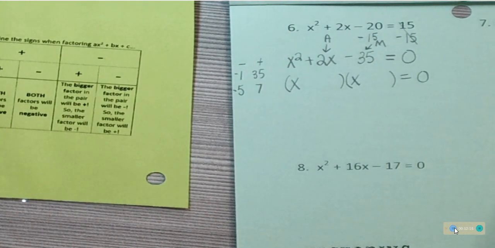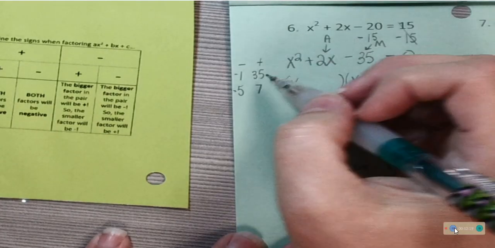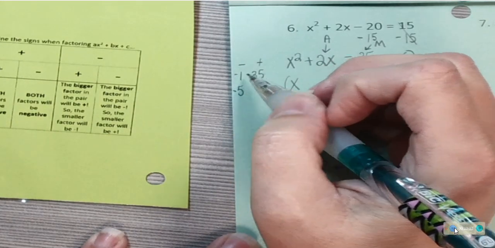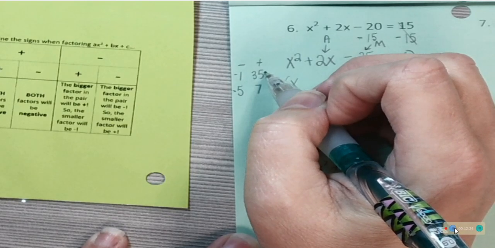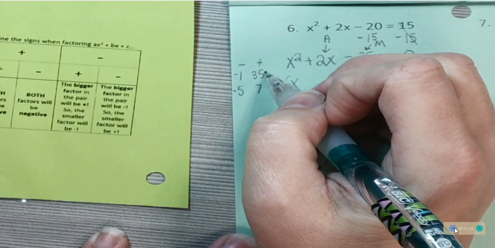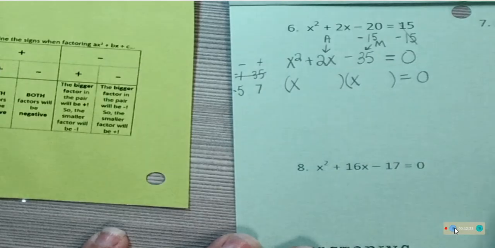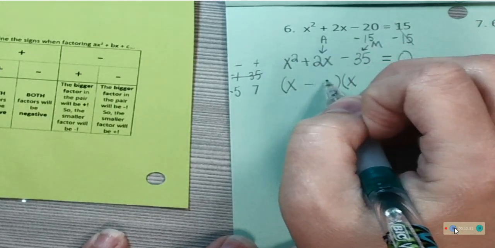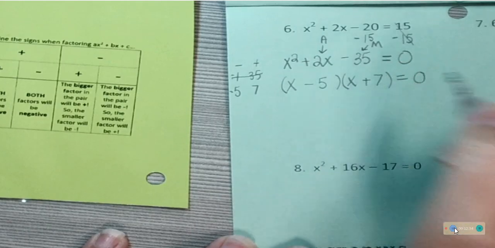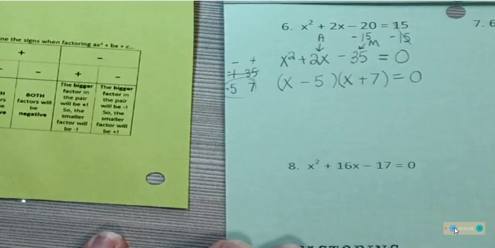The right set of numbers will add to give me 2. What is 35 minus 1 going to be? What's 35 minus 1? 34. Thank you, not 2. What is 7 minus 5? That'd be 2. So minus 5 plus 7. So that's my numbers.